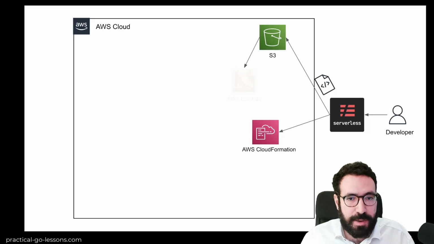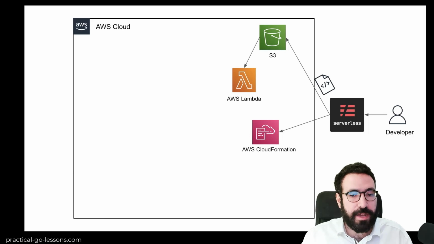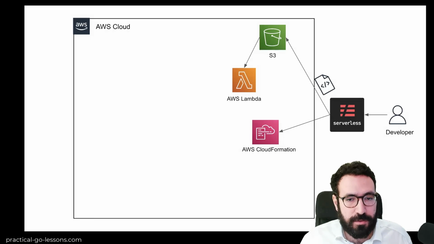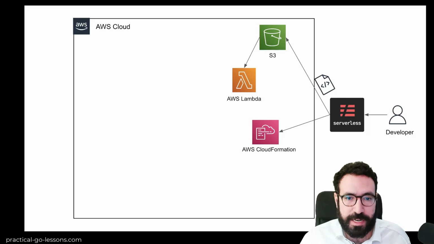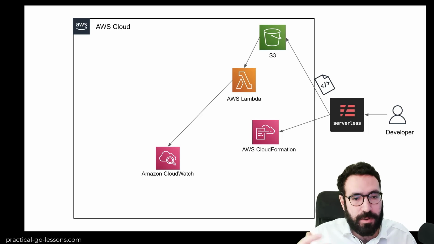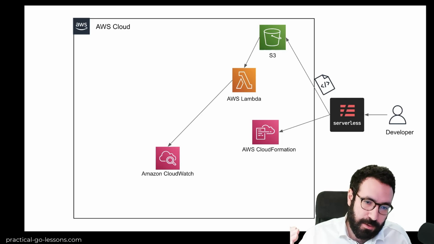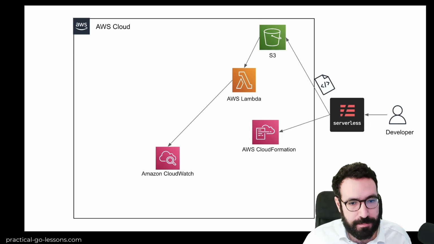And this binary is going to be injected into a new AWS Lambda. And again, everything is handled by CloudFormation. So you will have a Lambda that will have your Go program loaded in it. And this Lambda might also create some logs, and so it will create some logs into a specific log group that will be created in Amazon CloudWatch.